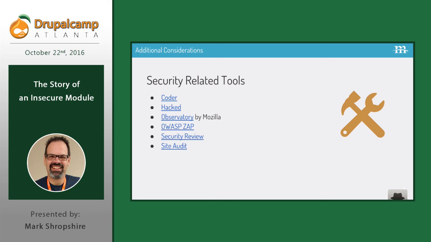These are just a few that I kind of like, and I really like Site Audit. They're Drupal specific. Site Review, Site Audit, Coder we talked about, Hacked. Those are good ones to run. Observatory helps you with your HTTPS and will help identify some of those issues.